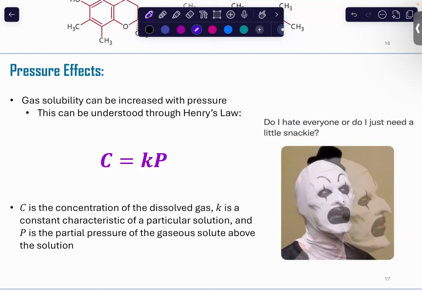We can put a lot of pressure in there and force that gas into the solution. And we really examine this through what's called Henry's law. Henry's law, C equals Kp. C is the concentration of the dissolved gas, K is a constant characteristic to the solution, and P is the partial pressure of the gas above the solution.